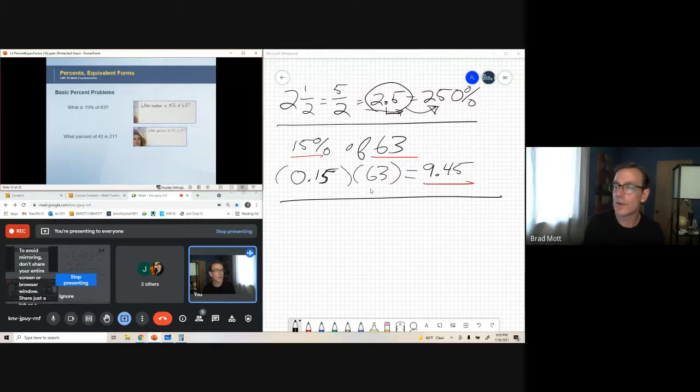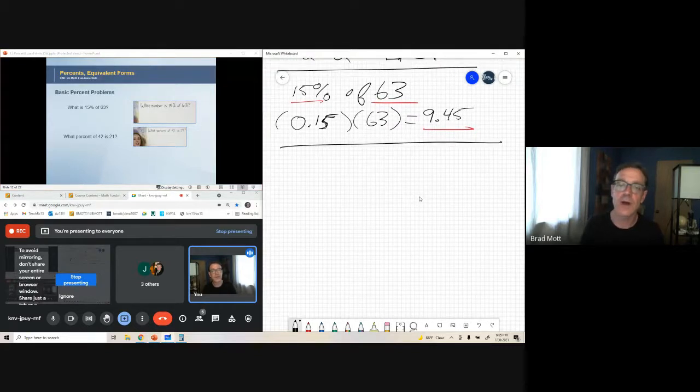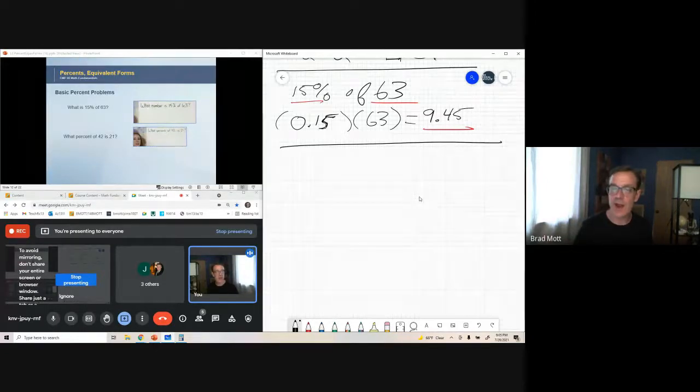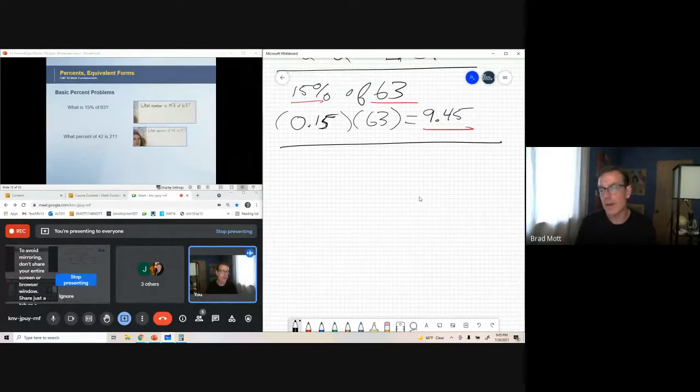Another way we can look at these numbers is if we want to find out what percent a number is of another number: set up the fraction and then perform the math to arrive at your decimal. So we know that the denominator is 42. That is the full number we're looking at. And we want to know how much of 42 is 21.